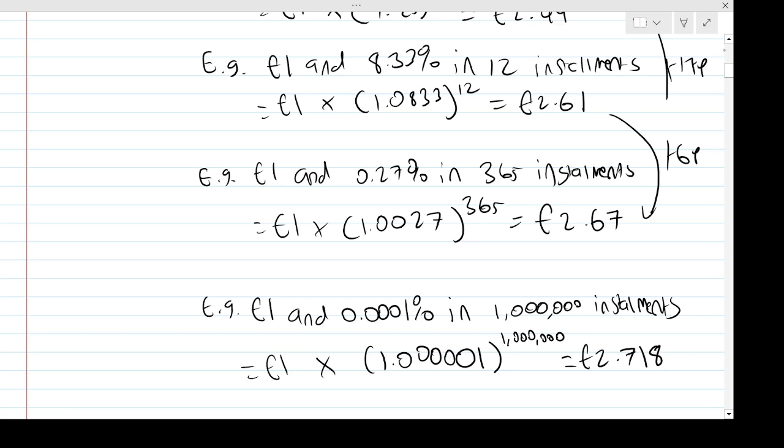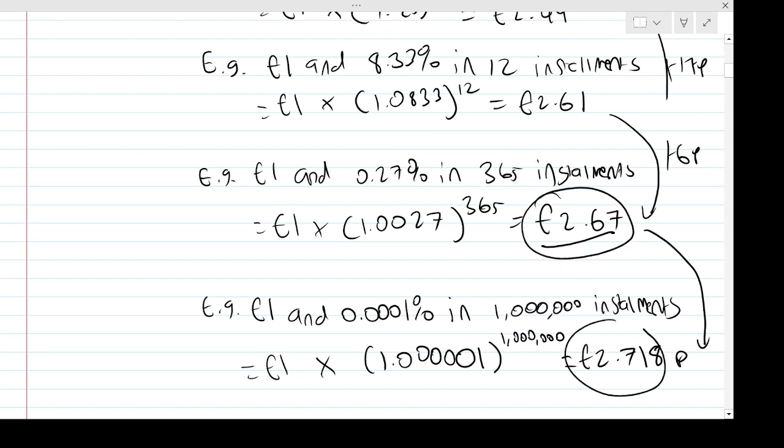So actually, when we have so many installments, absolutely tons, it starts to level out, right? If we split it into 365 installments, and then we split it into a million, we've gone so much, from 365 to a million. Actually, the increase we get from £2.65 to £2.72 is only 5p.